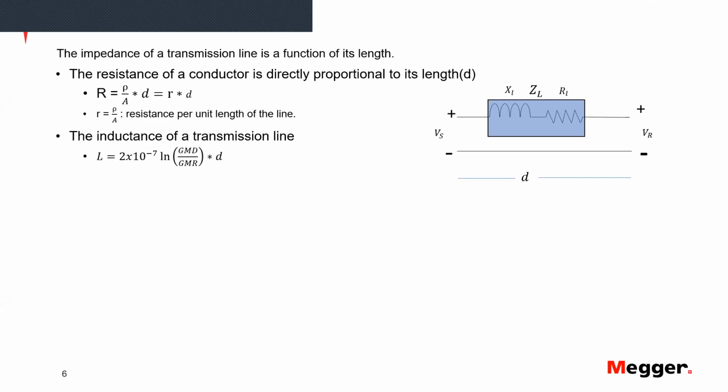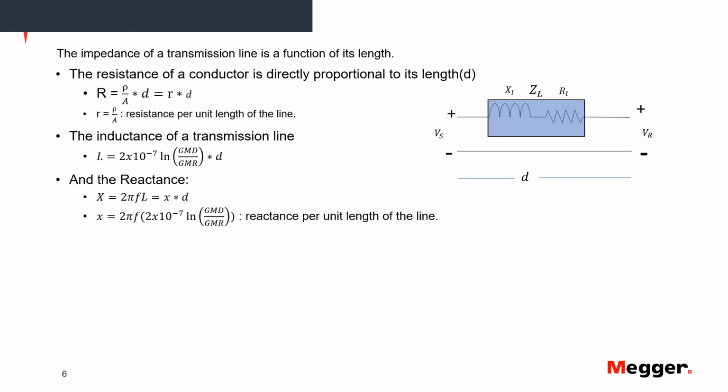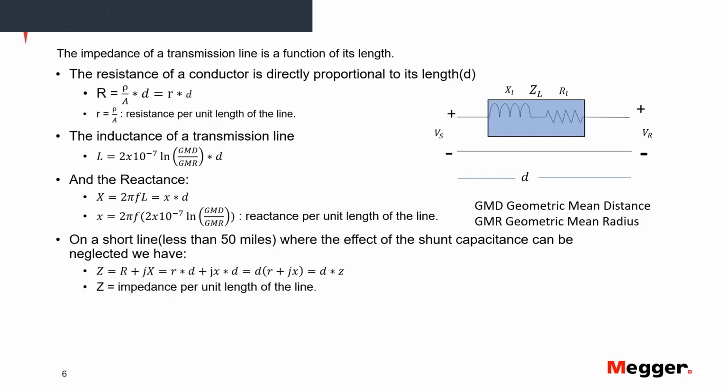I can also say that the inductance of the transmission line is proportional to its length, and of course the reactance, which depends on the inductance, is proportional to the length of the line. And here we have the reactance per unit length of the line. For those who don't remember their times studying electrical systems, GMD and GMR are defined on the side here as geometric mean distance and geometric mean radius.